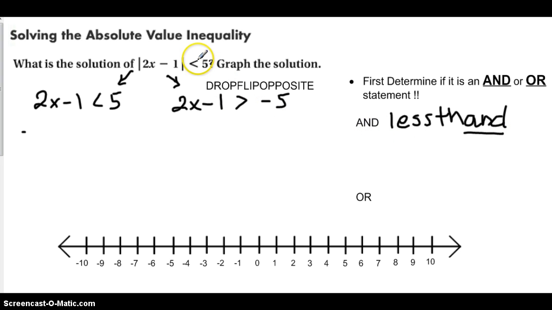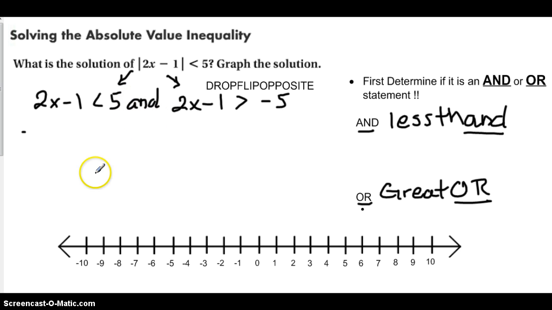If this was a greater than symbol, sometimes people are reminded by this. Again, silly, but effective. So since we started off with a less than statement, that means it's going to be an and, and solve as usual.